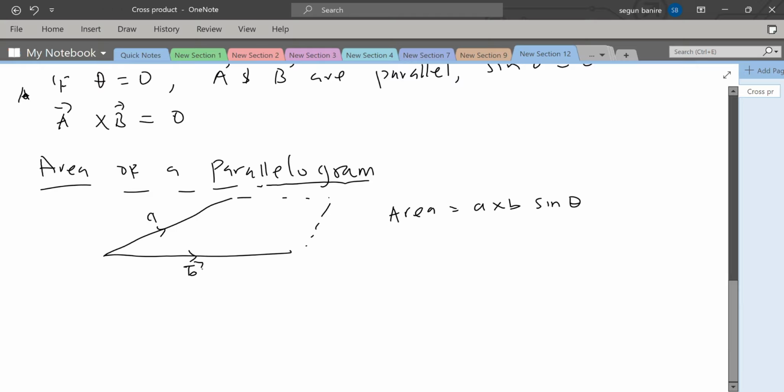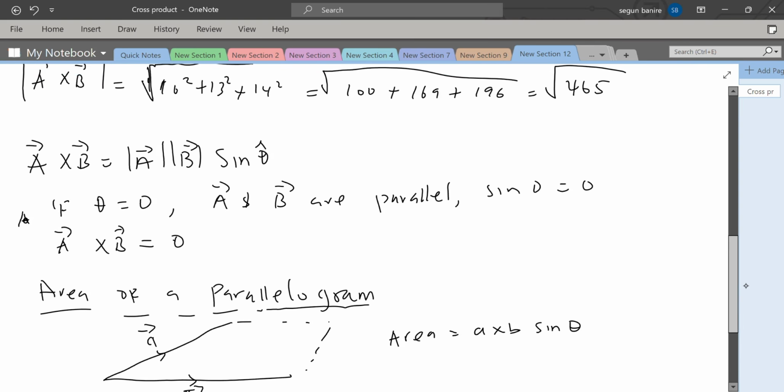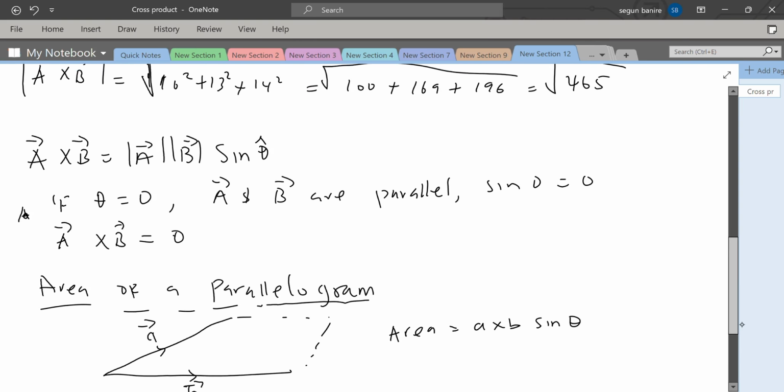If I replace these by vectors, the area will now be the magnitude of A times the magnitude of B sine theta. If you look at it very well, you will see that this formula is almost the same as the cross product.